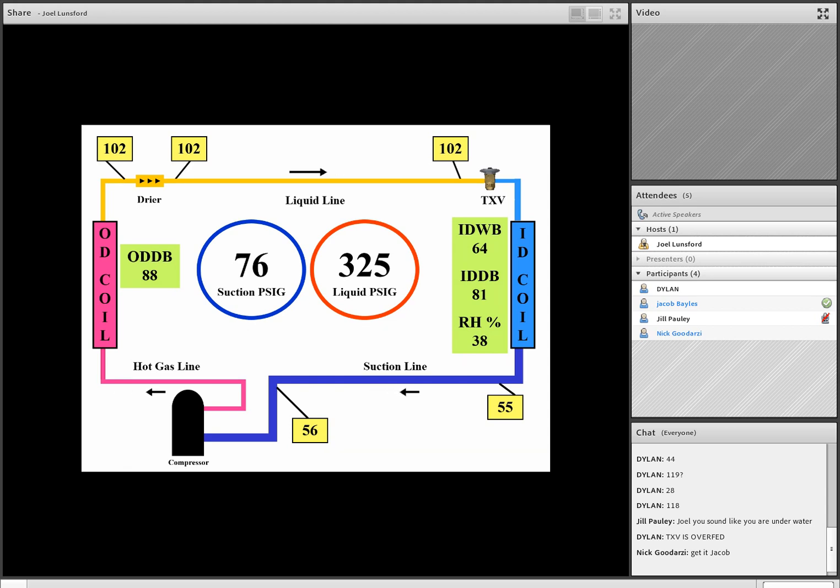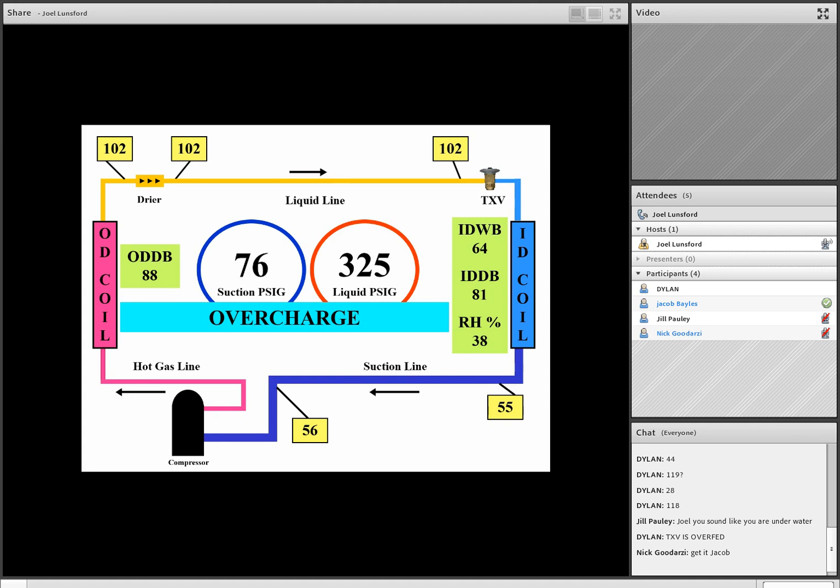Ty says overcharged. Excellent. This is a classic overcharge with a functioning TXV. That's exactly. Yeah, there you go. Give yourself a star on that. And so remember, team, we're charging systems with an expansion valve with the subcooling method of charging.